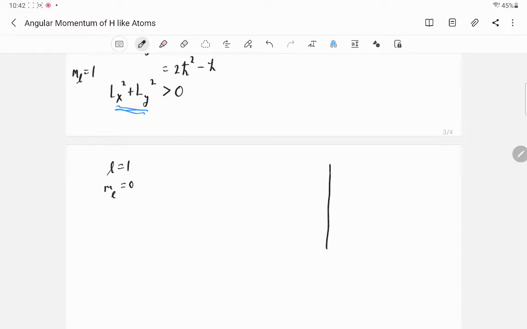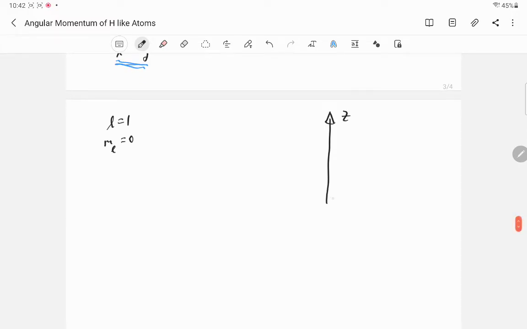And what I have in that case is, so I'll draw, here's the z-axis again, x, y. If m sub L equals 0, then that means that L sub z is equal to 0. That is, Lx squared plus Ly squared is equal to L squared, right?